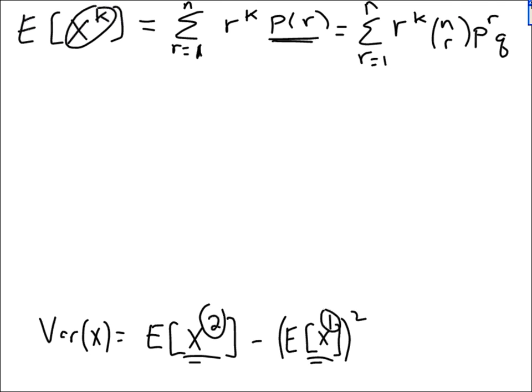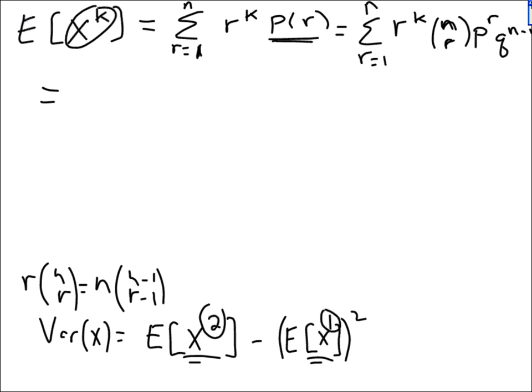And the power of q is going to be, like always, n minus r. Now, we have that little lemma that r times n choose r is n times n minus 1 choose r minus 1.